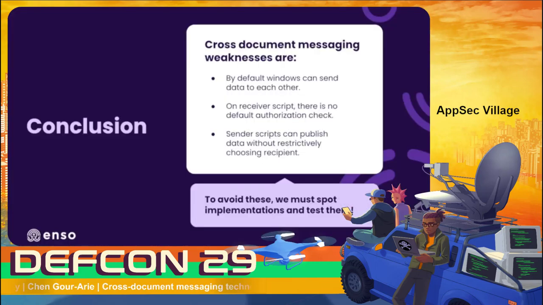Let's wrap this up. So the cross-document messaging weaknesses are that, by default, windows can send data to each other. We need to add security headers to prevent this, to prevent our windows from loading in dangerous scenarios. On the receiver script, there are no default authorization checks. Developers must implement code to do this.